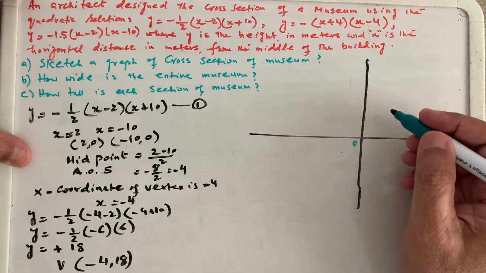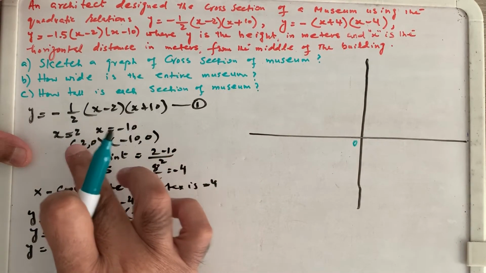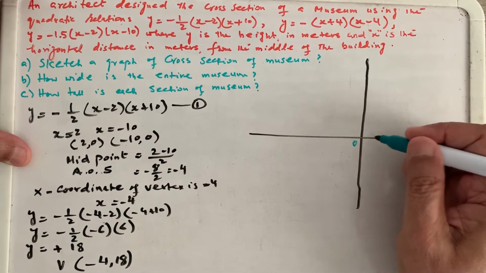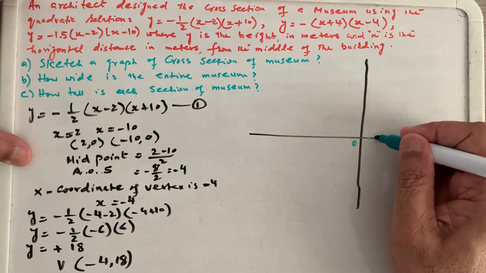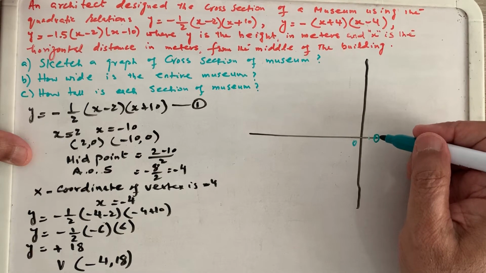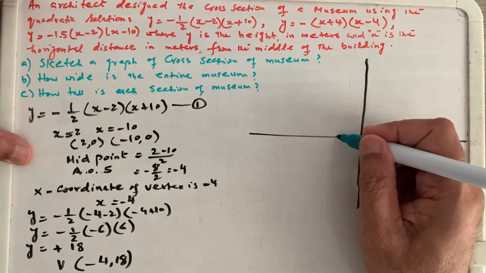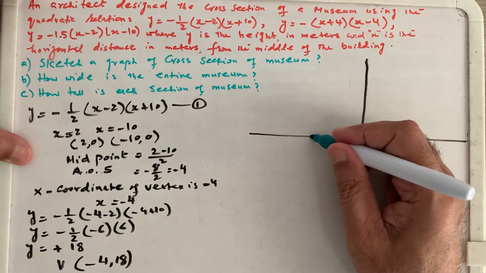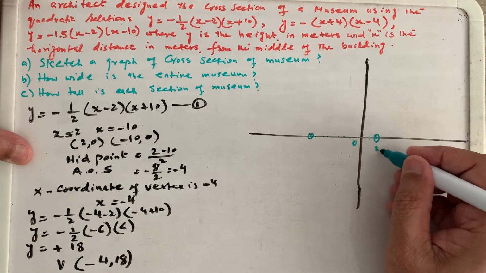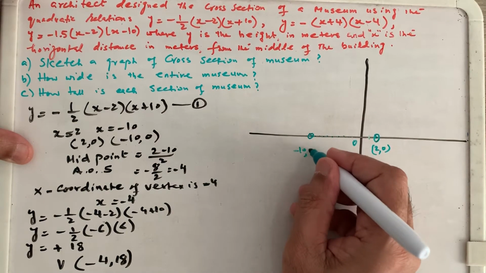So where is my (2, 0)? 1, 2. This is my (2, 0). And where is my (minus 10, 0)? Minus 10: 1, 2, 3, 4, 5, 6, 7, 8, 9, 10. So this is my minus 10, and this is my 2, 0, and this is my (minus 10, 0).